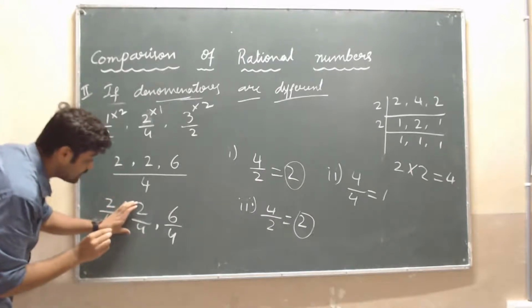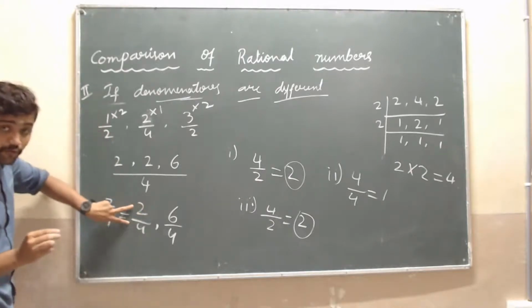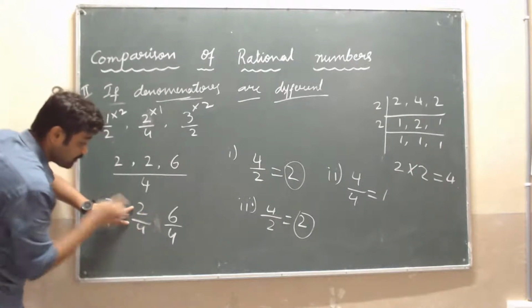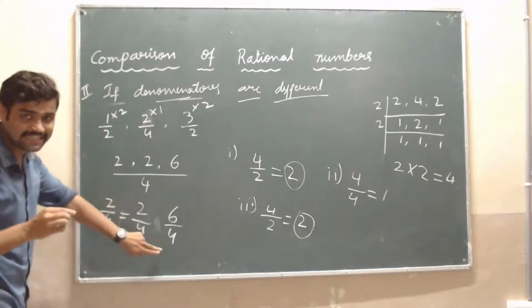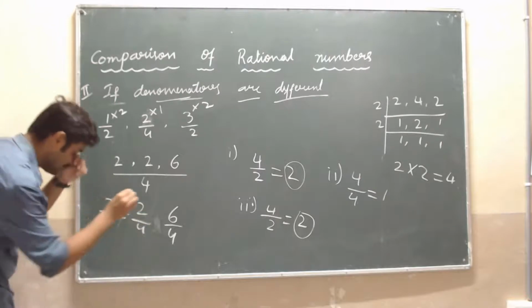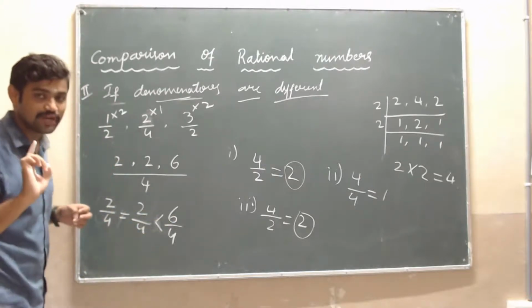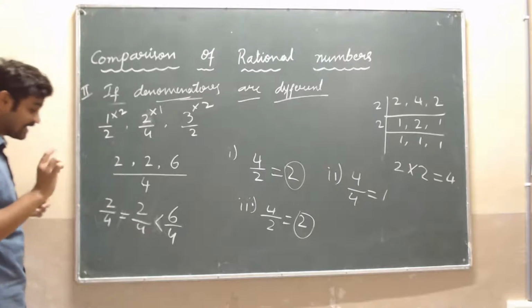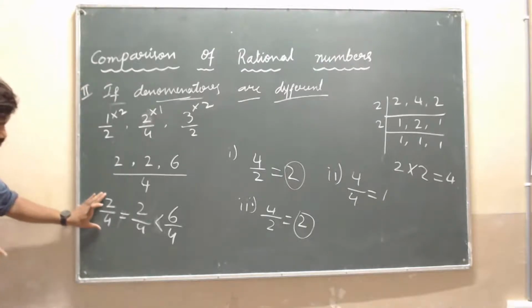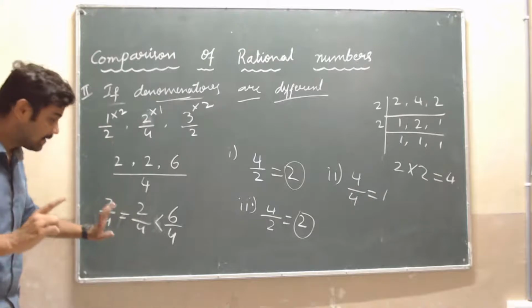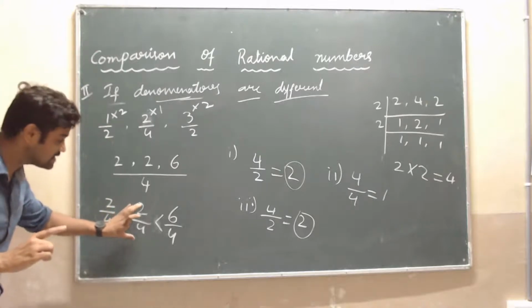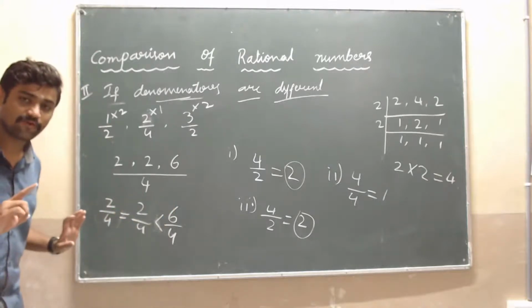Then this 2 by 4 and 6 by 4: the denominators are same, but the numerator 2 is smaller than 6. Isn't it? Then easily we can write that 2 by 4 is equal to 2 by 4, but this 2 by 4 is smaller than 6 by 4.